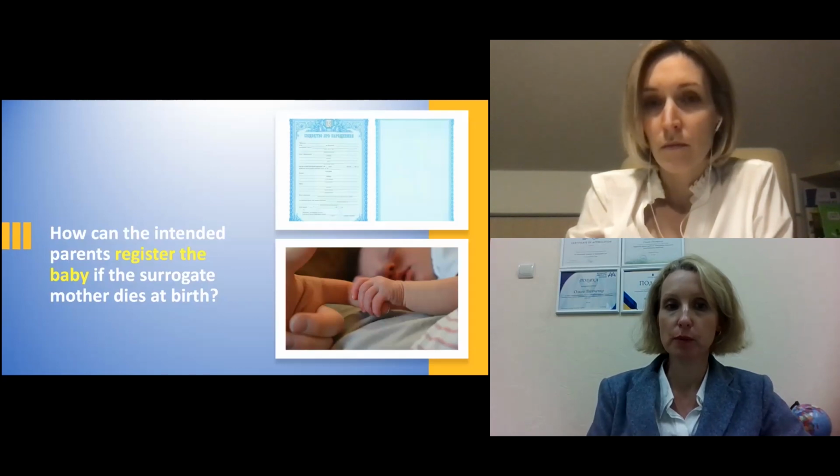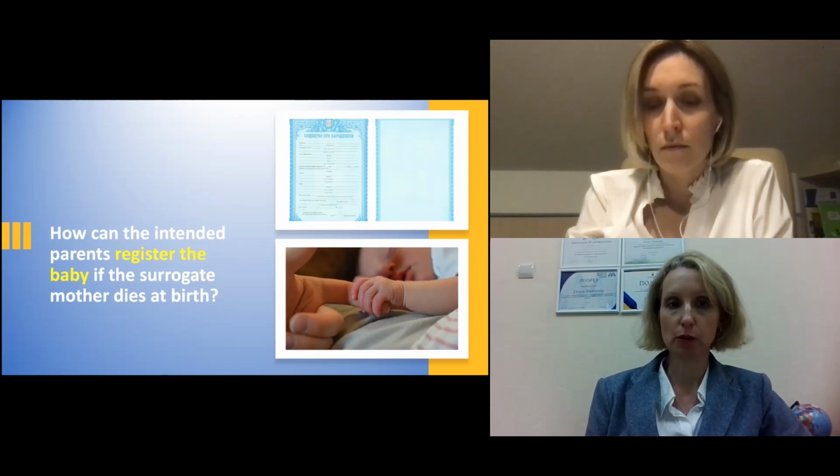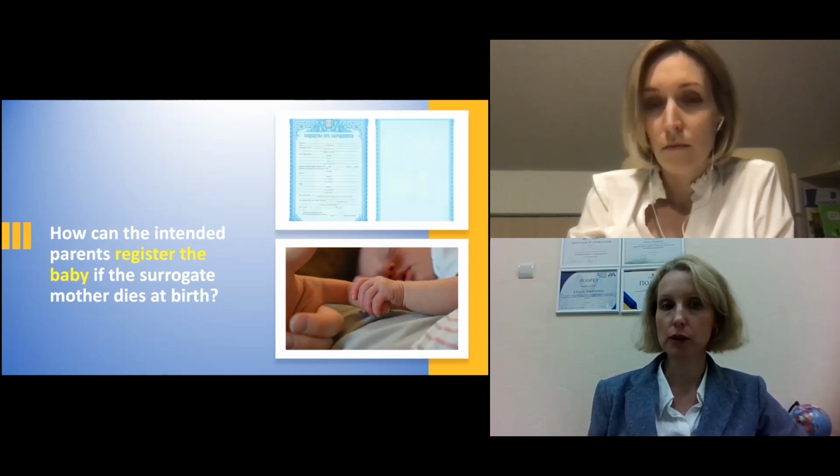So if we speak about the death of the parents, at least we have in the instruction that relatives or another person can register. If the surrogate mother dies and the instruction on birth registration says that her consent statement is needed, for the present moment, there is no ready answer for the procedures.